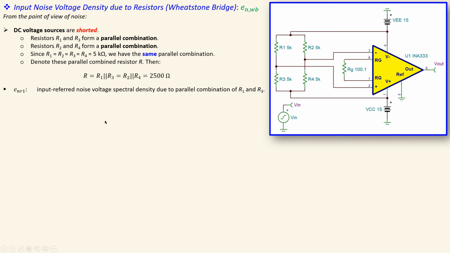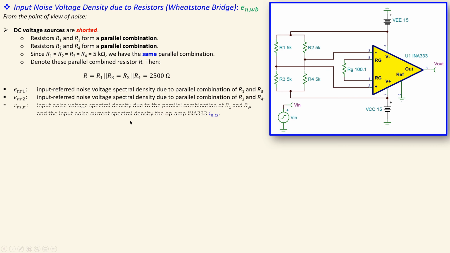Now what we need is the input referred noise voltage spectral density due to this two-resistor combination, R1 and R3, which counts also for R2 and R4. I need the input noise voltage spectral density due to this parallel combination, and also the noise current source of this instrumentation amplifier, and we will use that value from the datasheet.